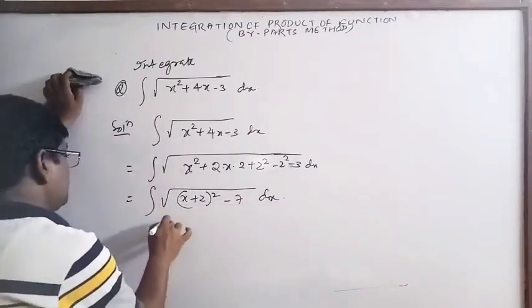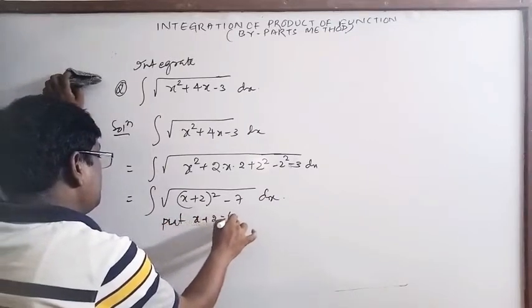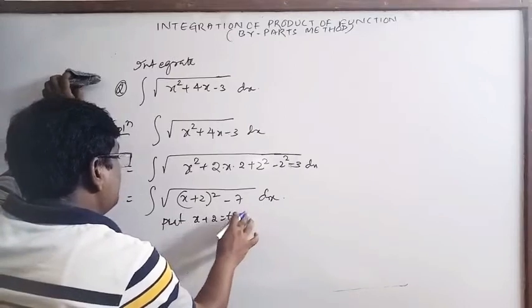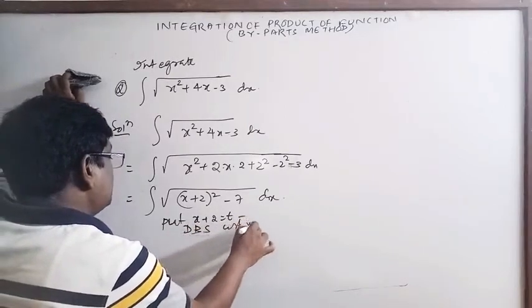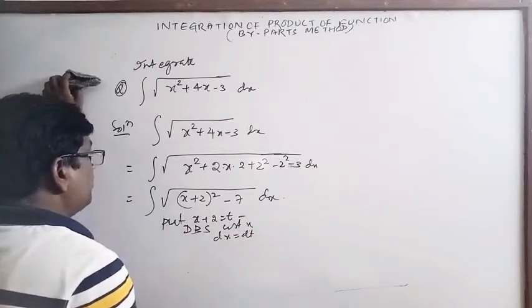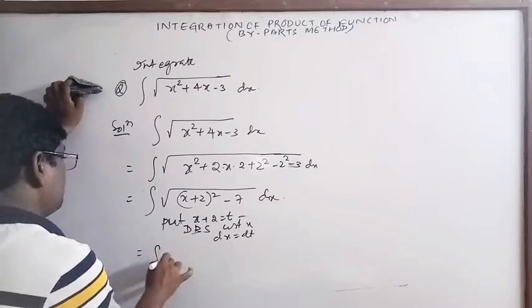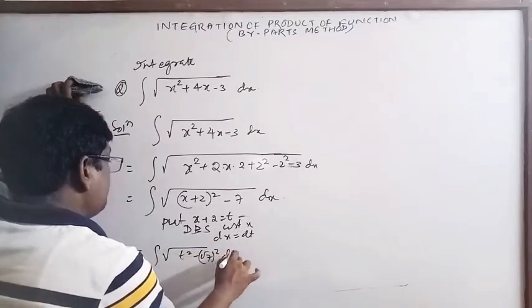Now put x plus 2 equal to t. Differentiate both sides with respect to x: dx is equal to dt. So this is equal to root over t square minus root 7 square dt.